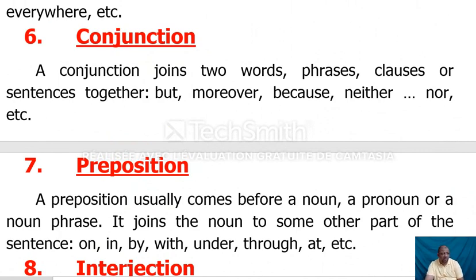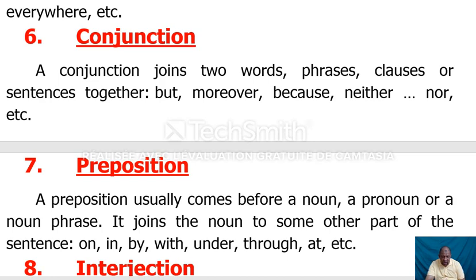Number 6, conjunction. A conjunction joins two words or two phrases or two clauses or two sentences together.